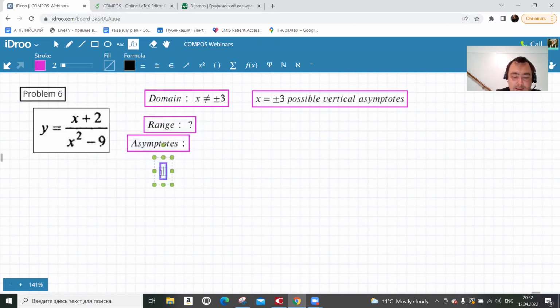As the limit as x tends to 3 of f of x, which is 2 plus x divided by 3 squared minus 9, it's going to be division by 0. But what if it's a number very close to 3? For example, if you take 2.9999, you will see it's actually infinity.